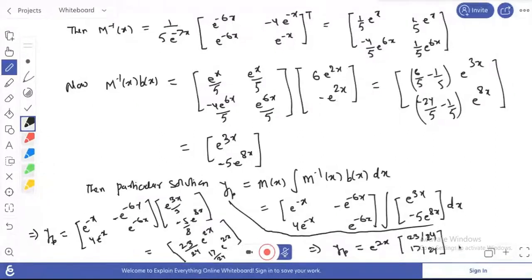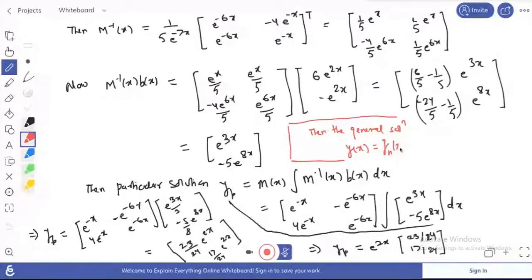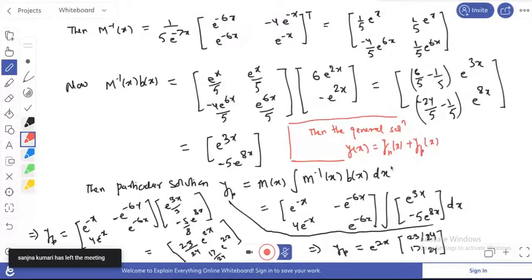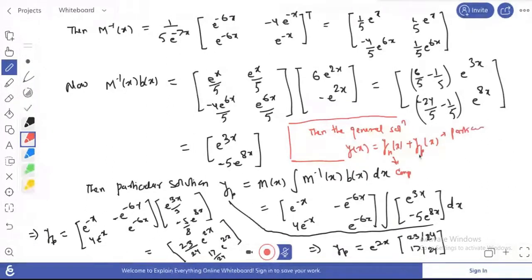Okay, so what is the general solution? The general solution, that is y(x), equals the homogeneous solution plus the particular solution. This is the complementary solution, and this is the particular solution. So what is the complementary solution?